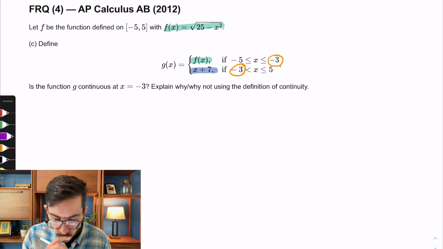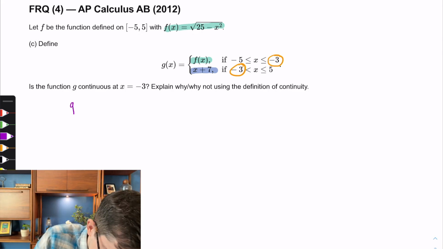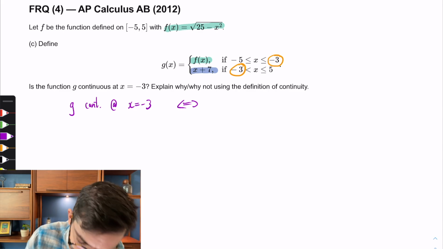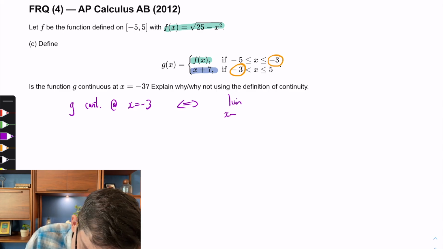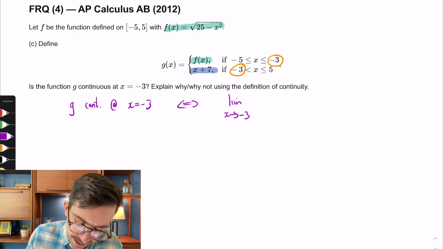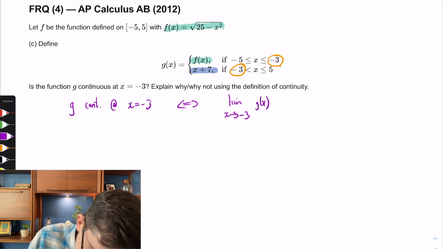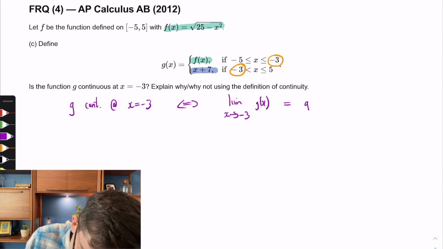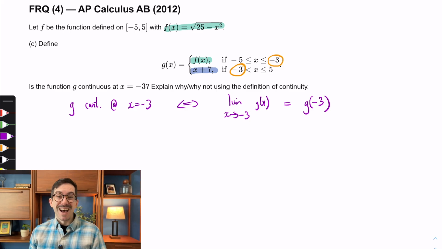So first of all, we need to answer the question, is g continuous at negative 3? Well, the definition of continuity says that the limiting behavior, so as x approaches negative 3 from both sides of g of x, should equal exactly what the function g does at that x value.